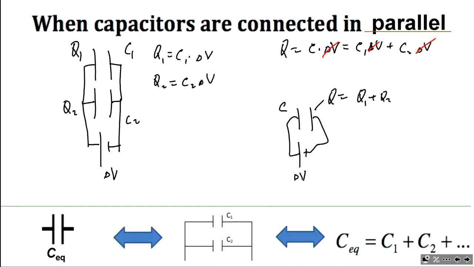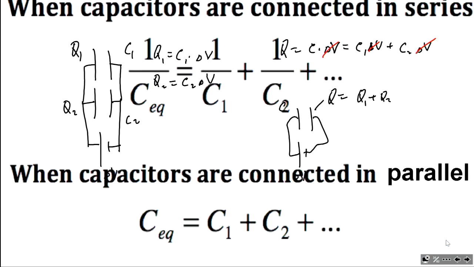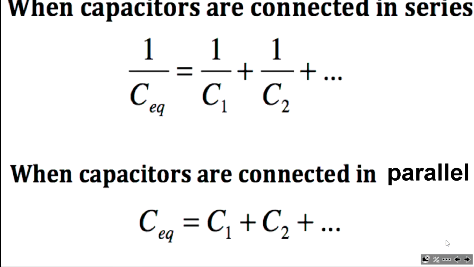So we double area, we double capacitance, we triple area, we triple capacitance, etc., etc. That's the idea. Well, now we have two equations. One equation tells us how to calculate the equivalent capacitance for capacitors connected in series. The second equation tells us how to calculate the equivalent capacitance for capacitors connected in parallel. We just have to use them correctly.